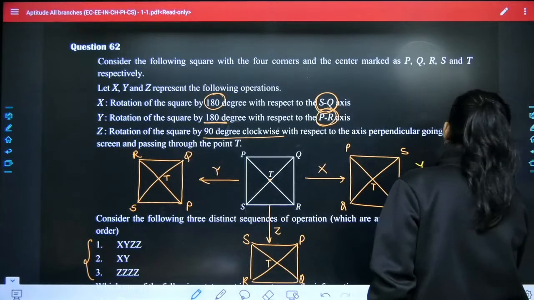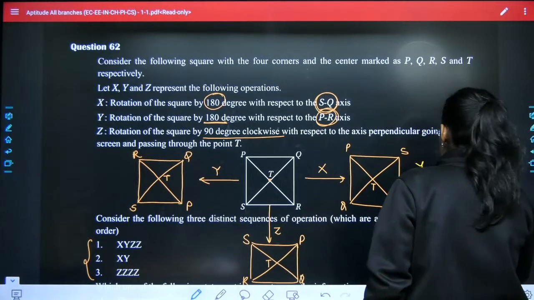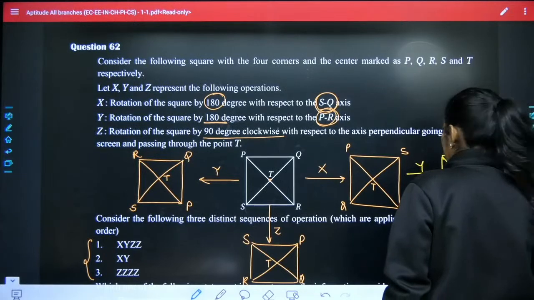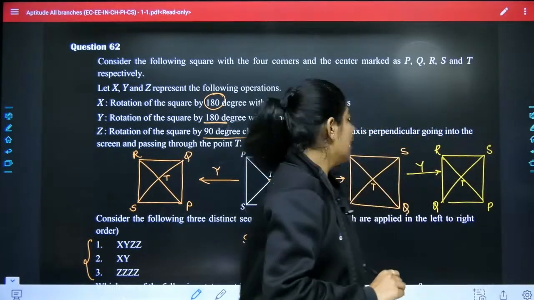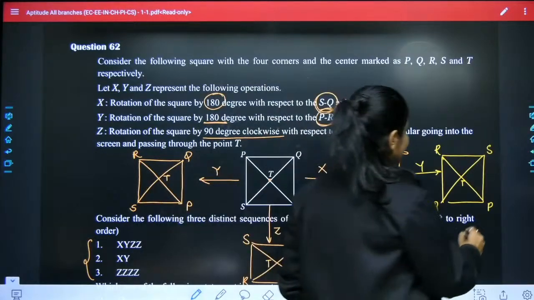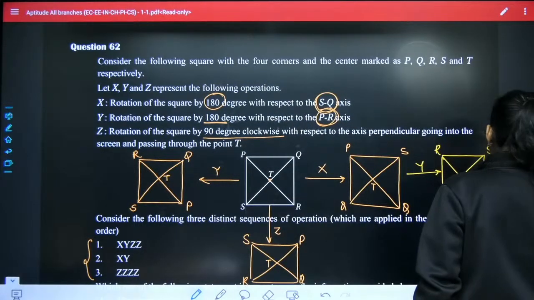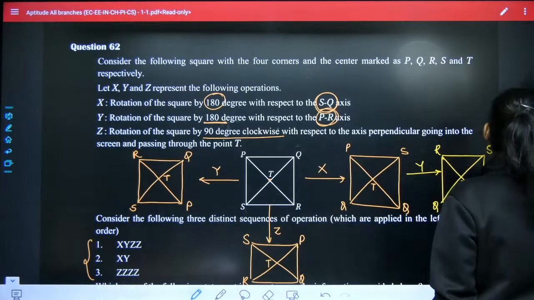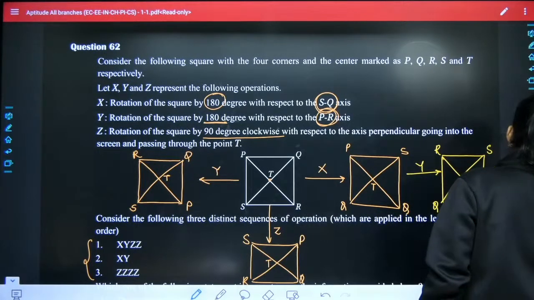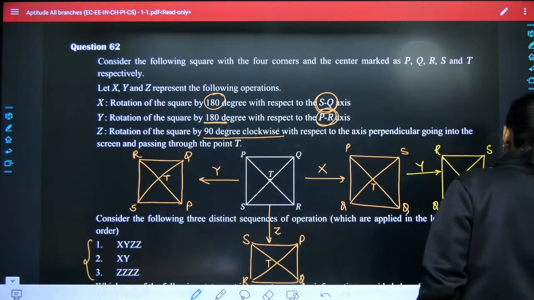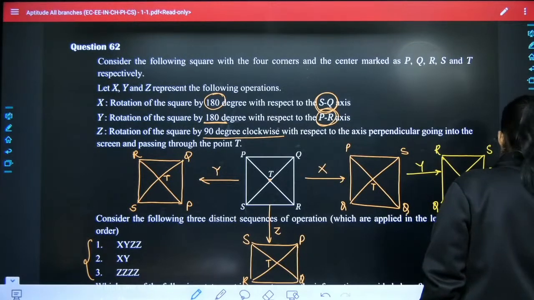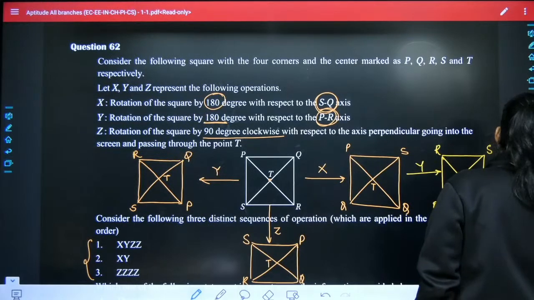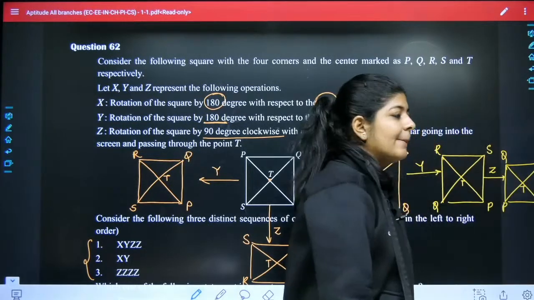What we will get if we apply operation Y over here is this square. Now if we apply Z here, then we will get this square, right?